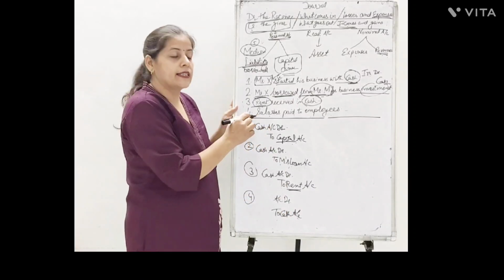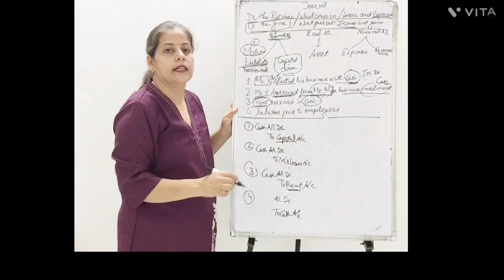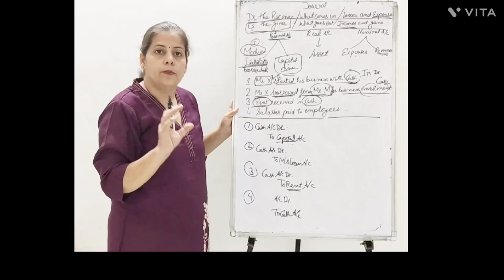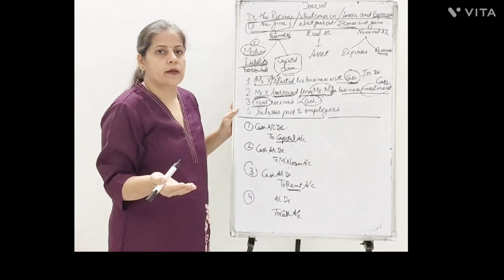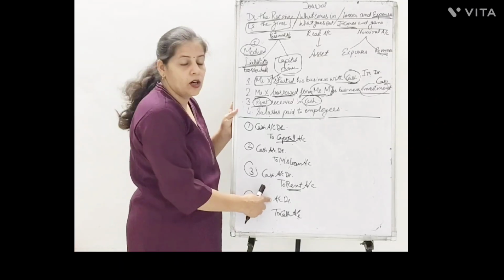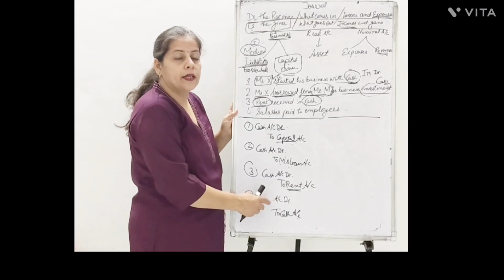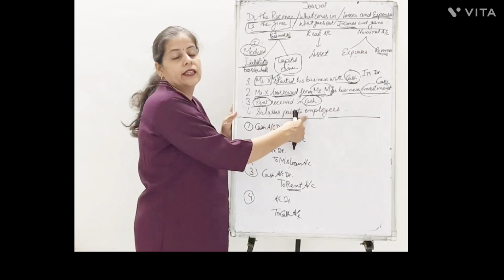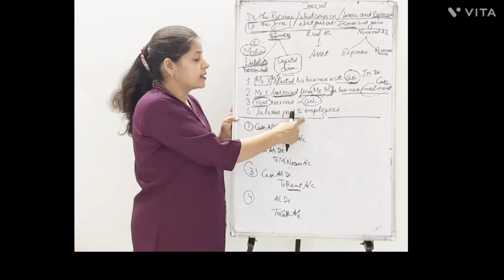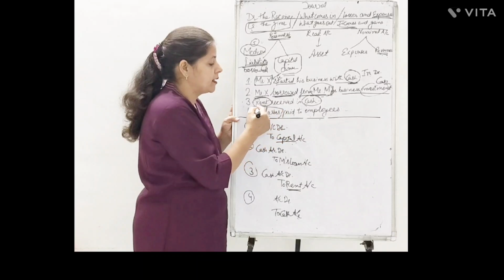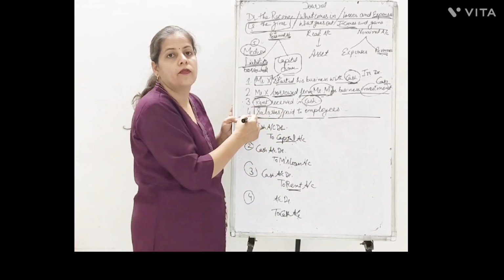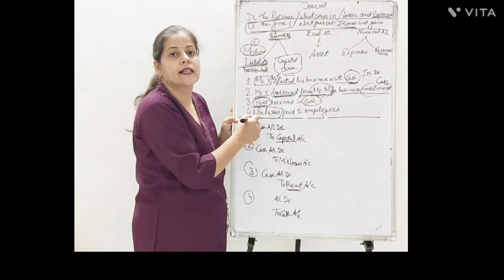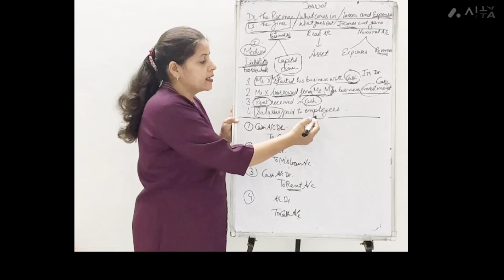Here it is mentioned that salaries were paid to the employees. Now, employees are the receivers, but we won't write the name of the employees here because they are not directly connected. They are here to give in their services. For the services, the business is making them payment on the basis of which expense name, that is salaries.